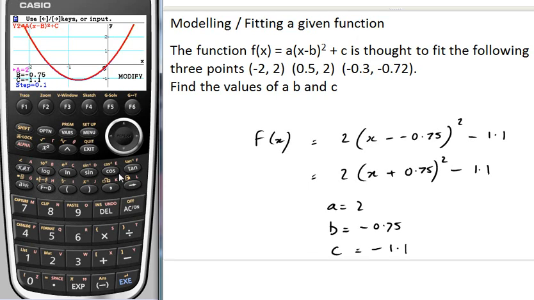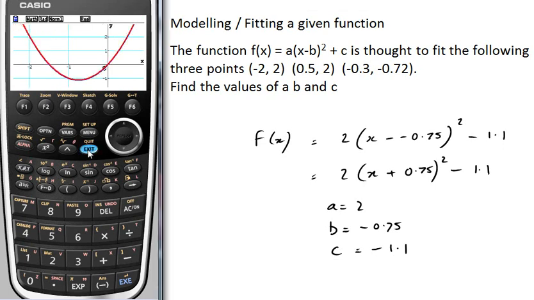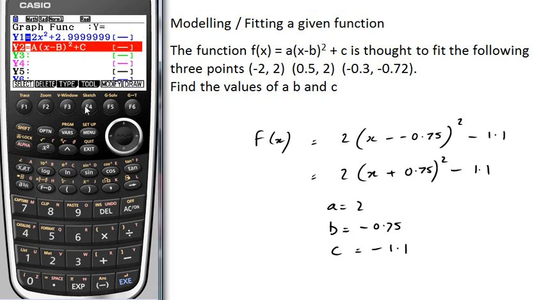Now just before we finish, if you don't have that function, you may remember that if we exit that and exit that again, I went into Tool and looked up some functions. You can put your own function in, and obviously this means you're going to have to use the alpha key to put some variables in. So let's say I wanted a variable which was d x to the power of 4.